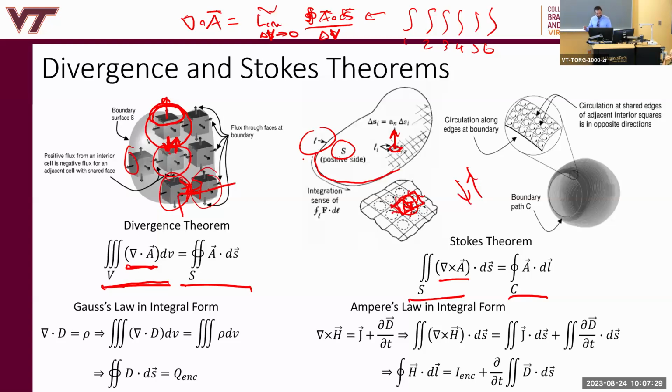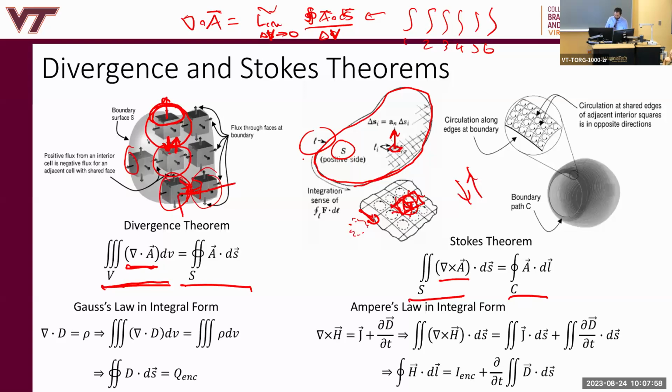So I convert the curl of A, added up over the whole surface, into A dotted with DL, which is the remaining paths that weren't canceled in the interior. Say this path here doesn't have a neighboring box over here to cancel it, so I still have to calculate A dot DL with that. And that's true for all of these exterior DLs.